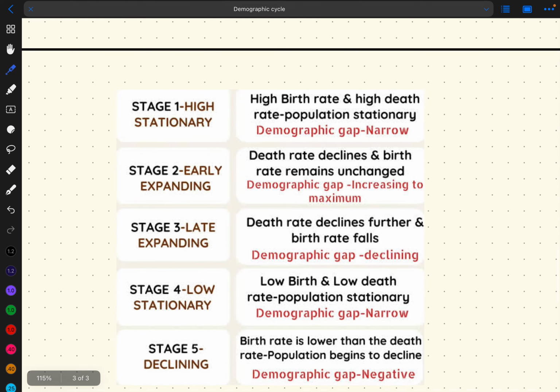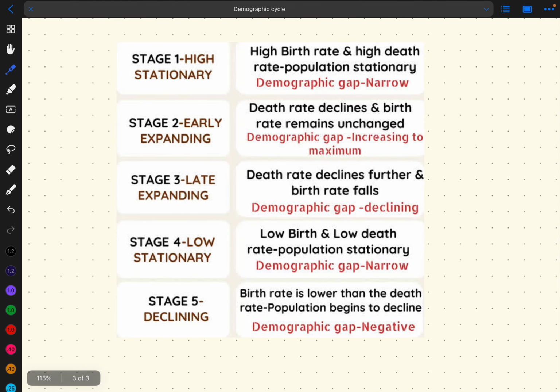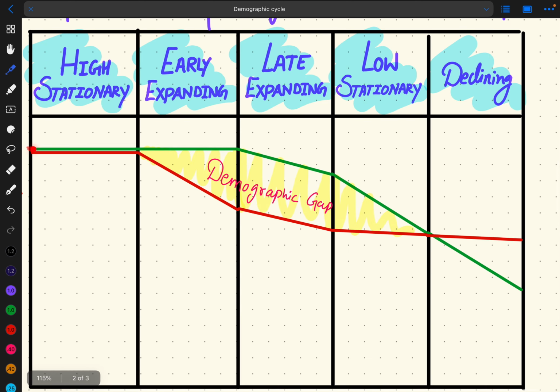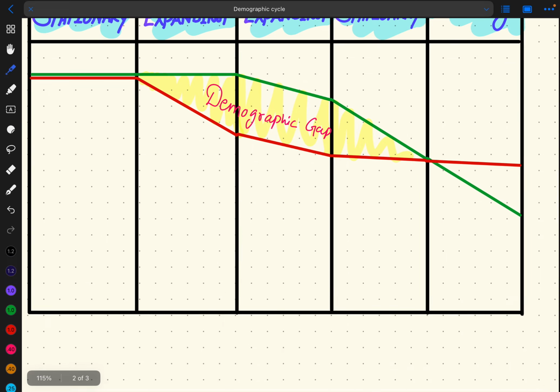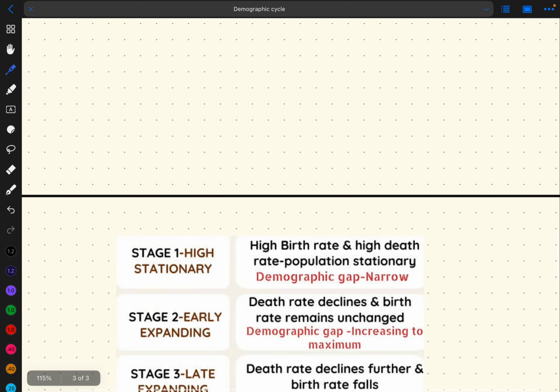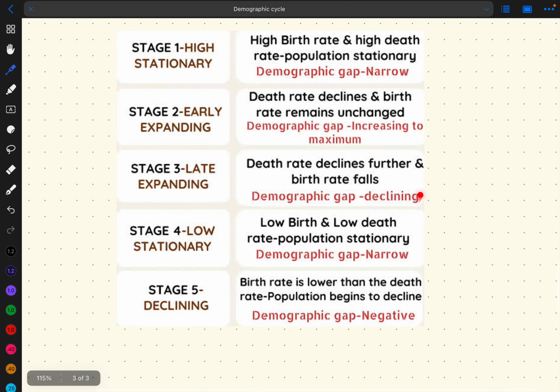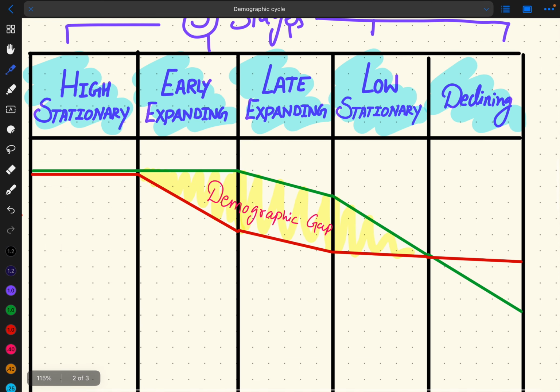So we can conclude like this: in high stationary, the demographic gap is narrow. We can see here there is no gap at all. In early expanding, the demographic gap increases to maximum. Then it is declining, a bit declining, right?